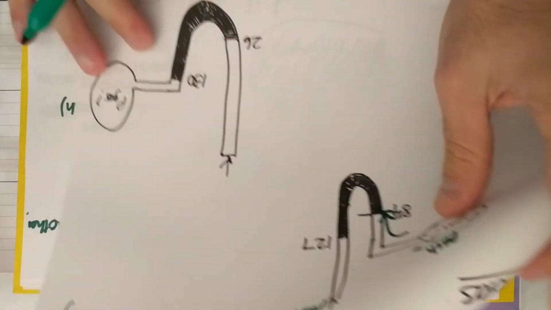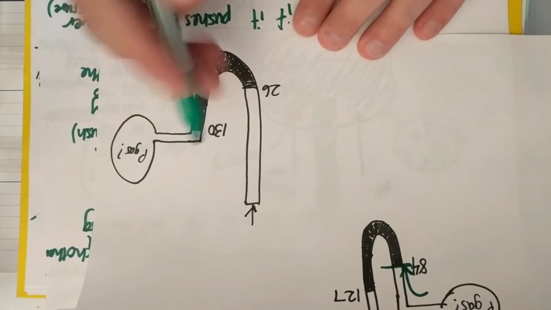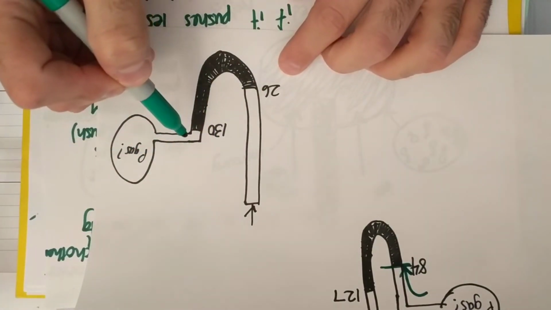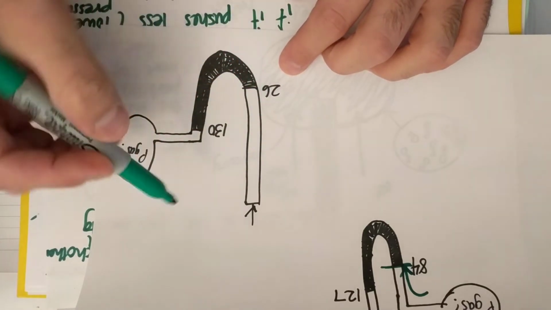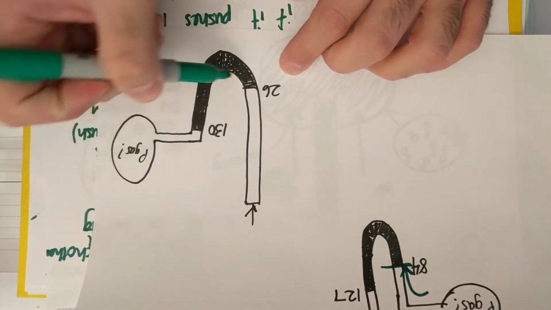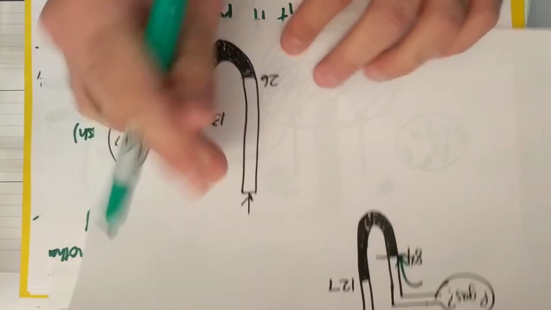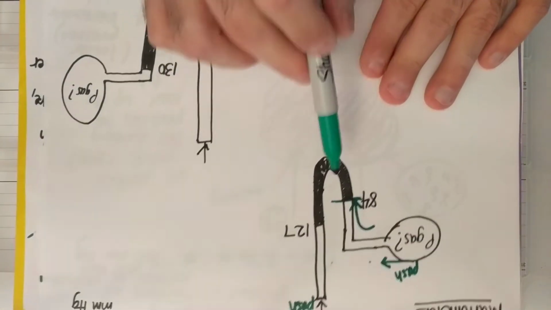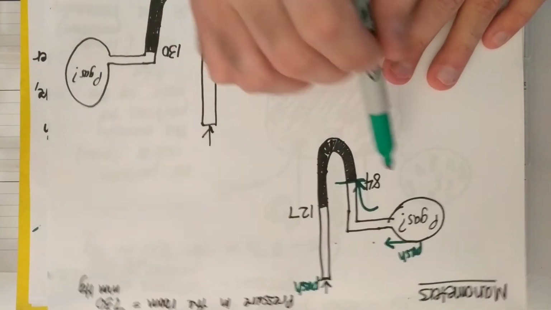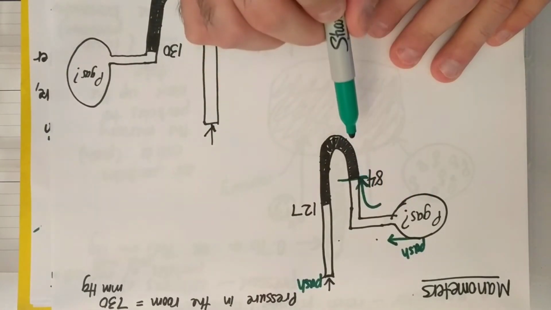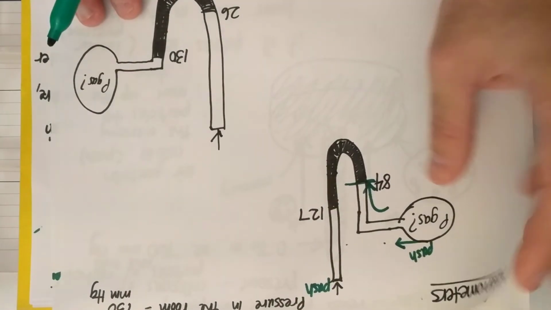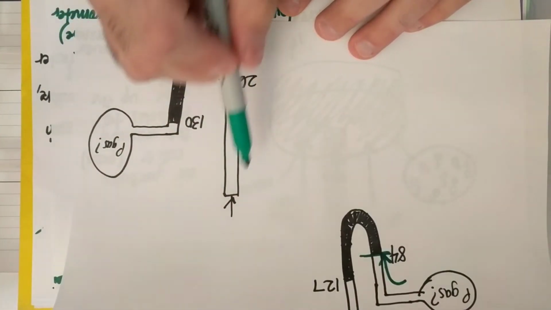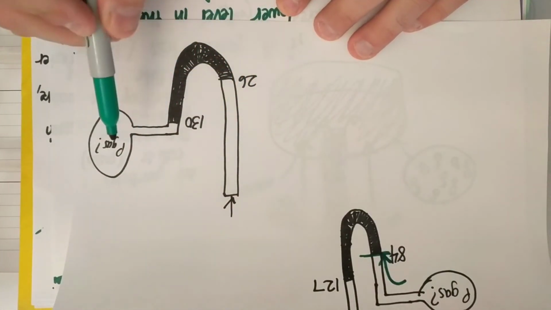I purposely drew this here, look at this difference. Otherwise, if this was pushing more, this would move this to go up the tube that way. So look at the difference in these two, and I'm going to go back to this problem after. This gas is pushing more against the atmospheric pressure, whereas with this gas, the atmospheric pressure is pushing more against it.